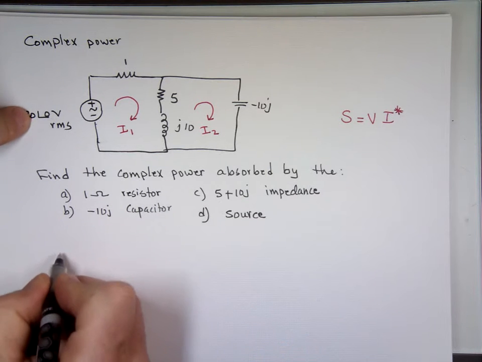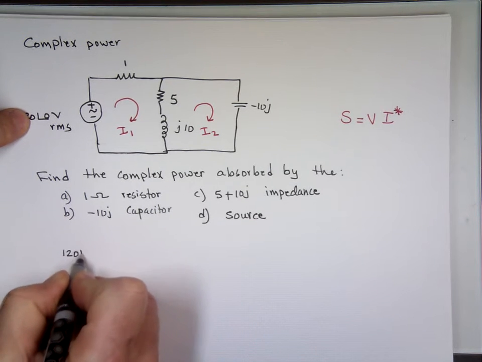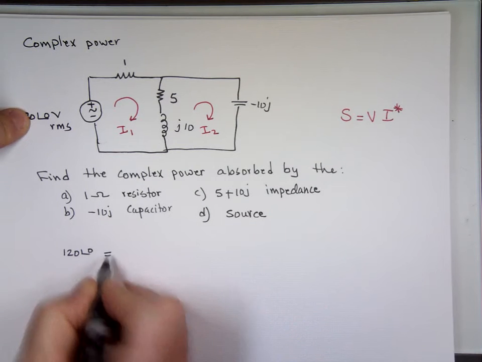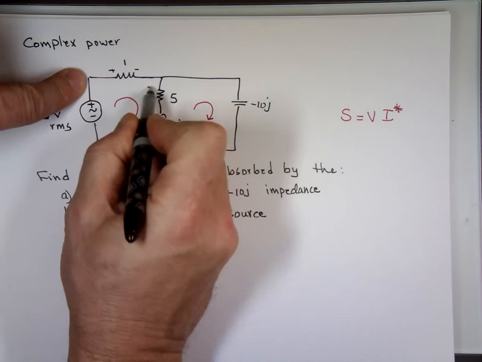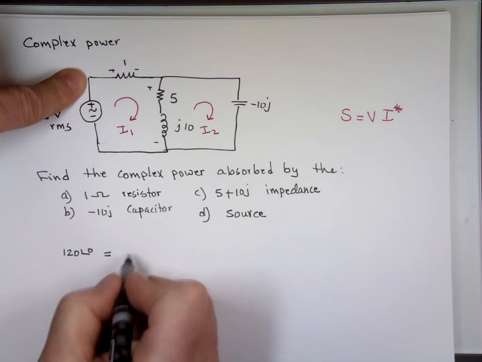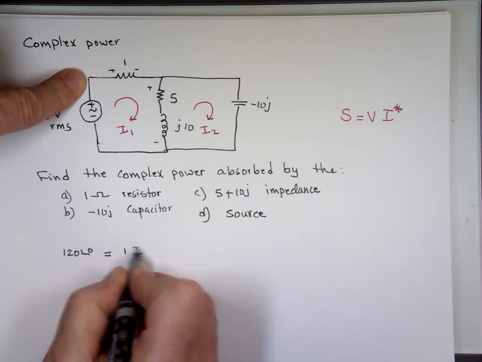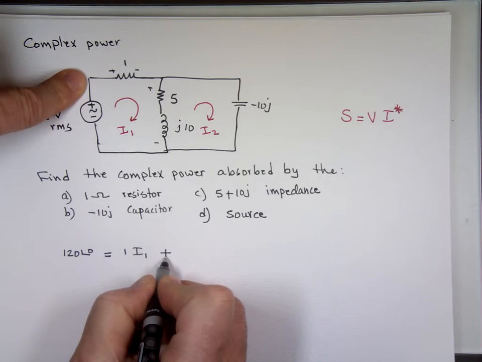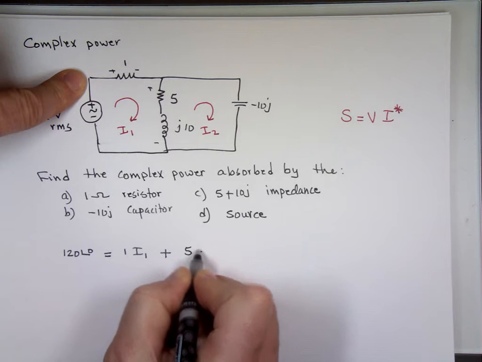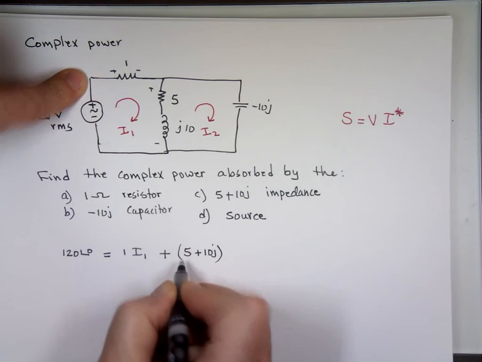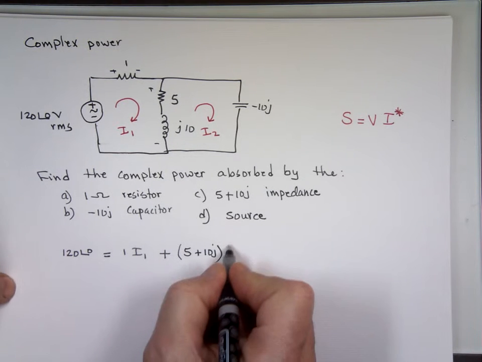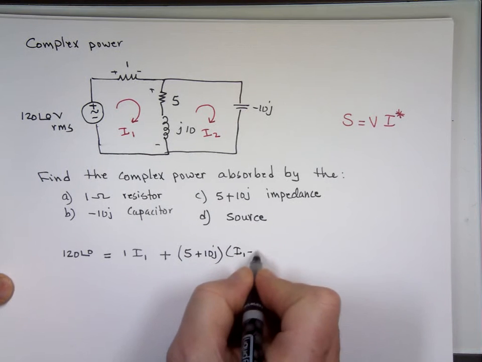120 angle 0 is equal to the voltage drop here, plus to minus, and plus to minus right here. So it'll be 1 times I sub 1 plus 5 plus J10 times the current down. What's the current down? I sub 1 minus I sub 2.